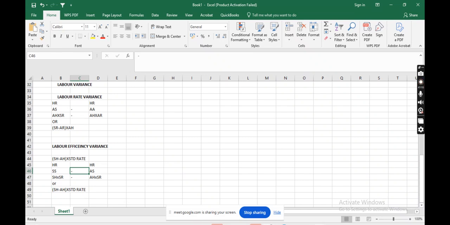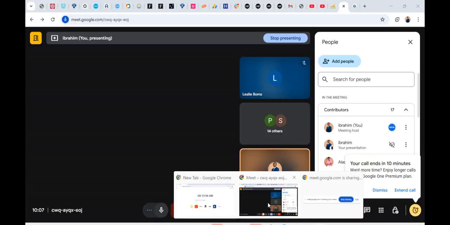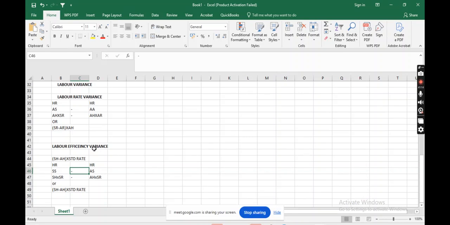So you see, you don't need to cram anything, class. If it is rate or price, compare your standard.